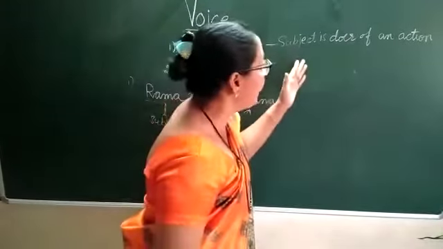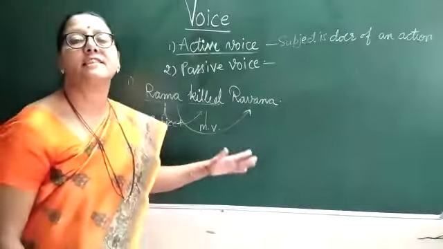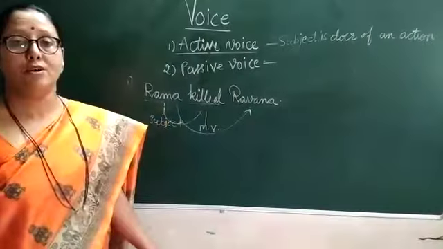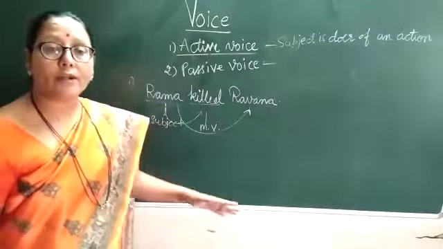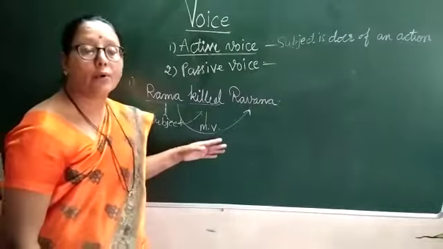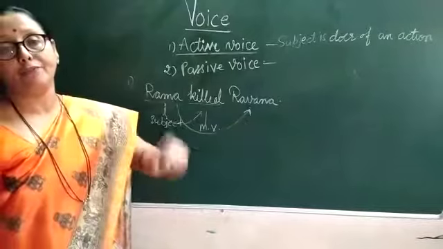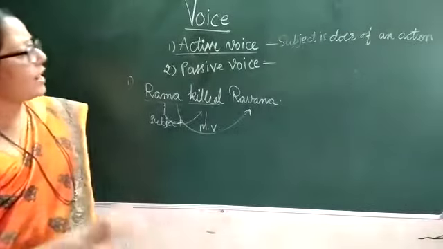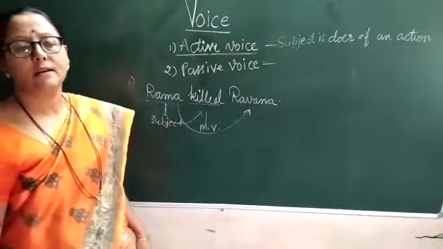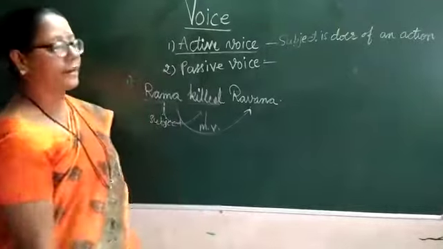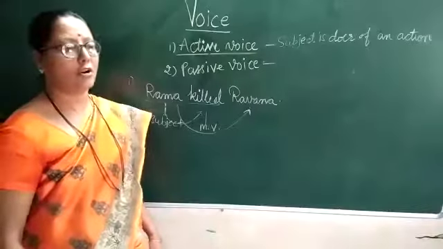See here, when the subject is the doer of an action, we say the sentence is in active voice. Now what is passive voice? Exactly opposite of active voice. Is it or not?